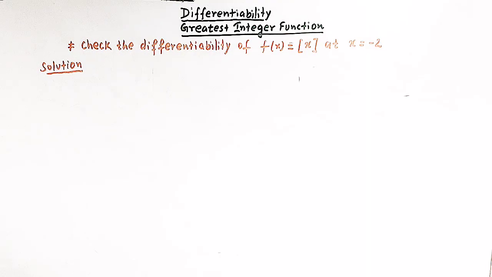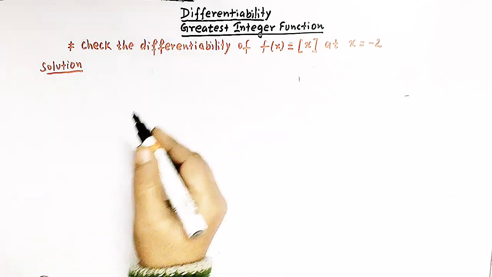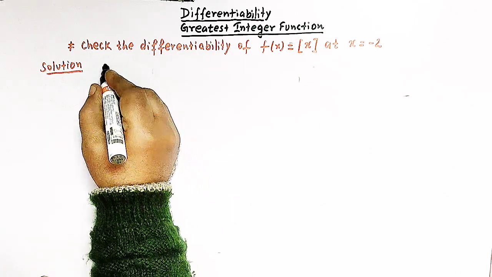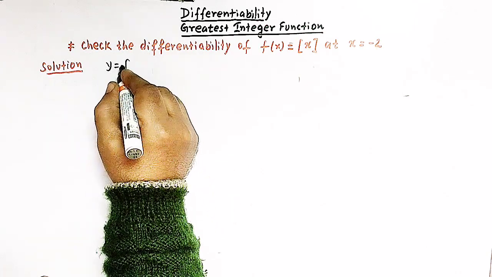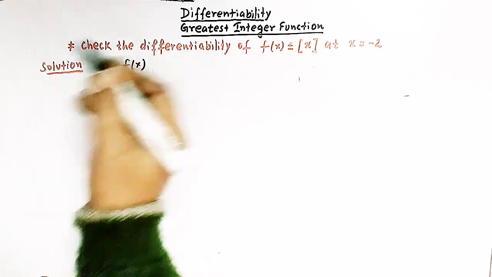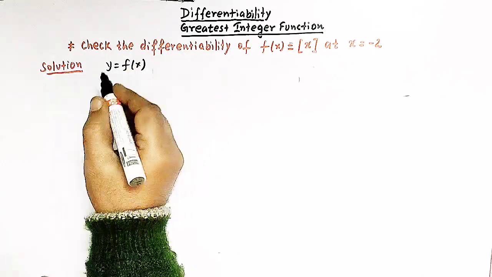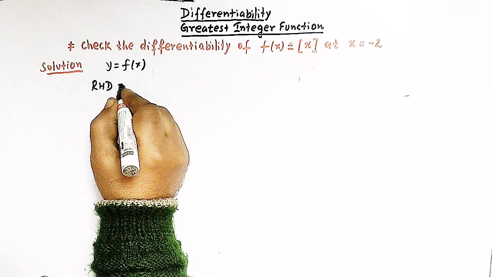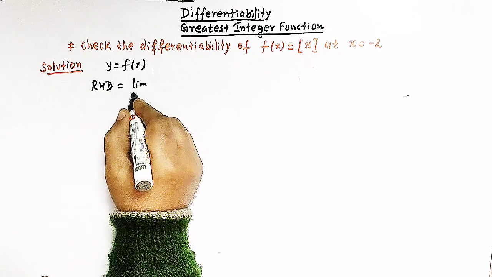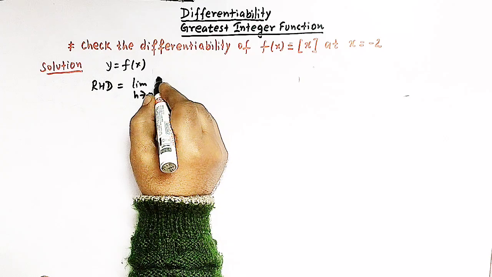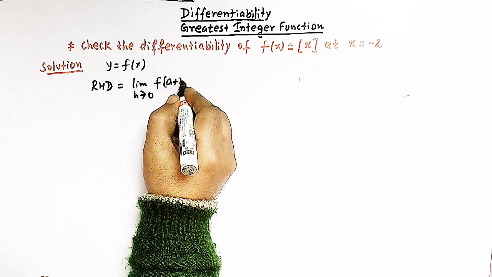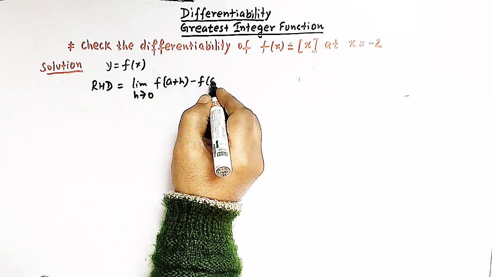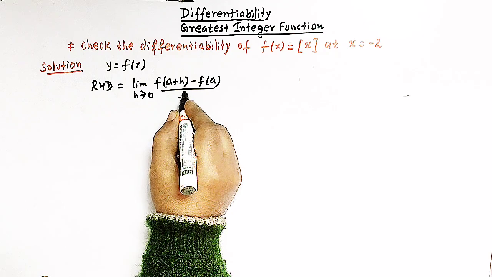Now let us first define the right hand derivative of a function, say y is equal to f of x. The right hand derivative is defined by this limit: limit h tends to 0 of f of a plus h minus f of a divided by h.